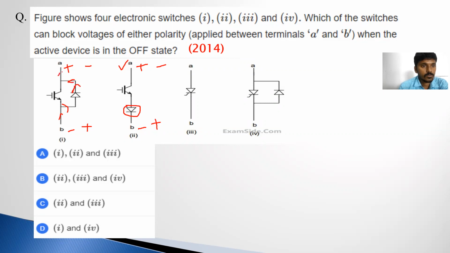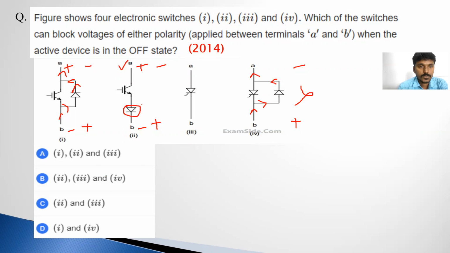There is no chance to block the voltage when the reverse voltage is applied. The same here also, if you apply the reverse voltage across the switch, it is not able to block the voltage because the diode is connected. The current is diverted through this path, so it is not able to block the voltage in reverse polarities.